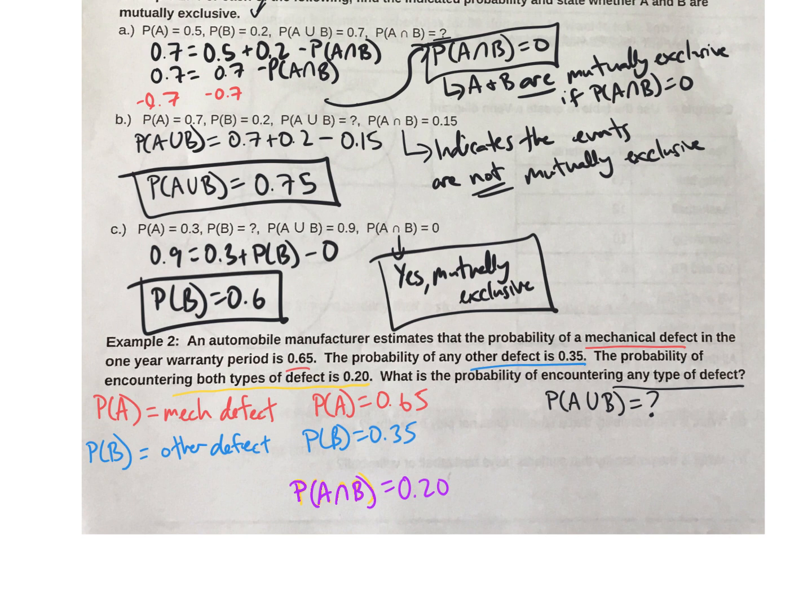So we can just use our combined events formula from above, which is probability of A plus the probability of B minus the probability of A and B. And you end up getting 0.8, or I guess I should round to 3 significant figures, 0.800.